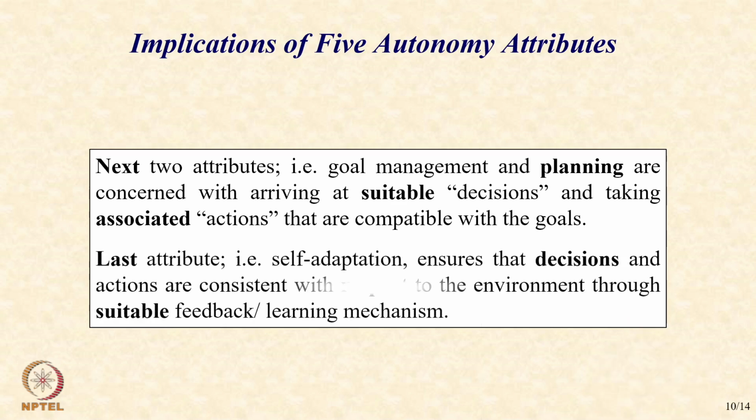And the last one, self-adaptation, is essentially to ensure that the decisions that we make and the actions that we take are consistent with the environment through feedback and learning mechanisms. This is where the learning happens. Self-adaptation is primarily the learning part of your autonomic attributes.